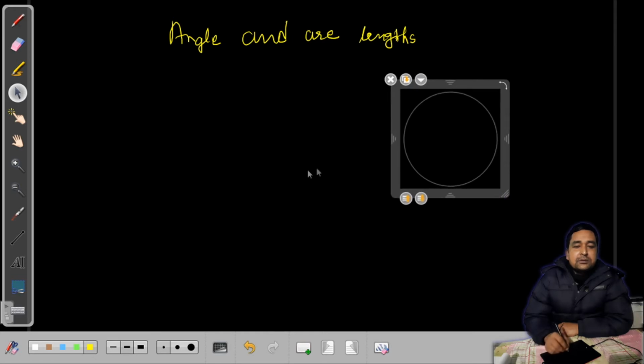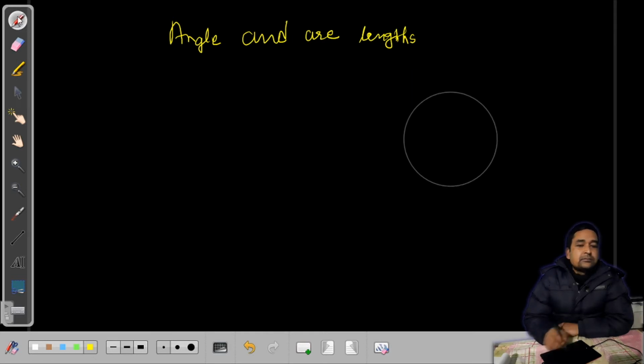Now this is a circle. Let me mark the center, and it is O. The distance between the center and the circumference is called the radius.